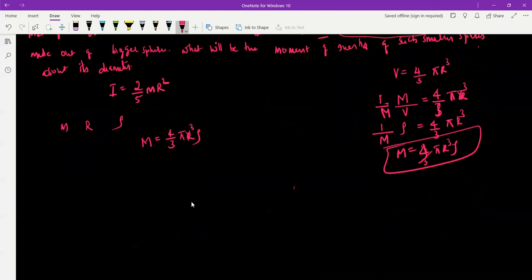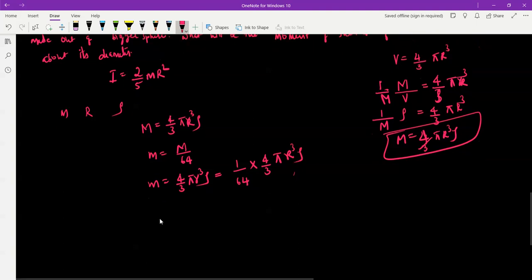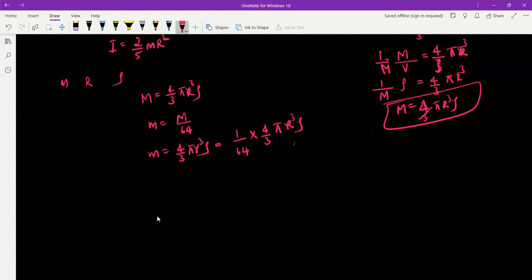So now what we have done, the new mass is equal to capital M divided by 64. So that is M is equal to 4 by 3 pi r cube rho is equal to 1 by 64 into 4 by 3 pi r cube rho, because m is equal to M by 64 there.